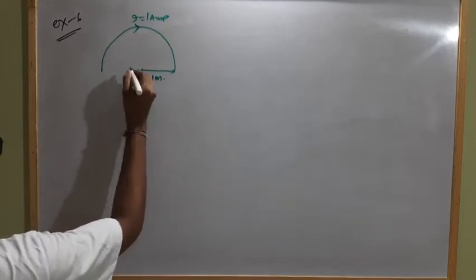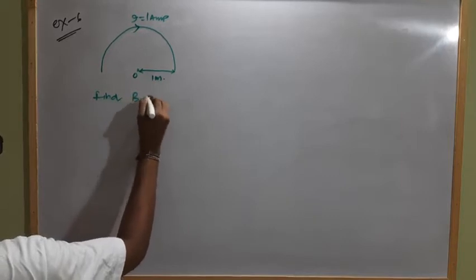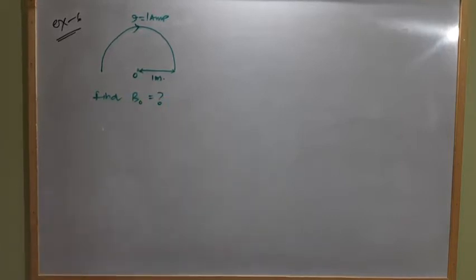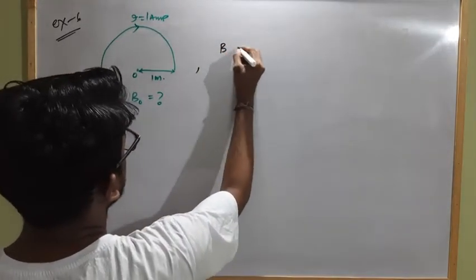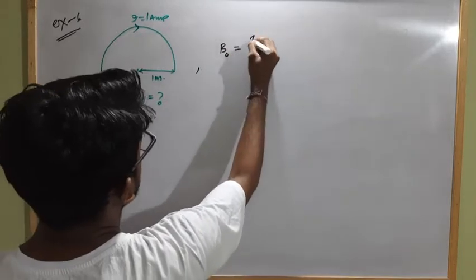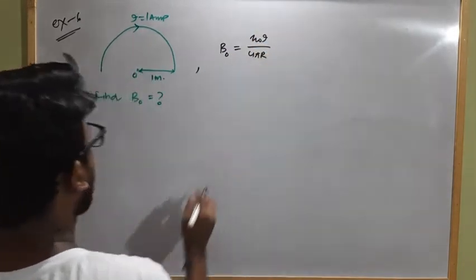This is the center O. Find B at O. As this is a semicircular arc, we know the formula for magnetic field strength at the center. So B at O will be mu naught I divided by 4 pi R.